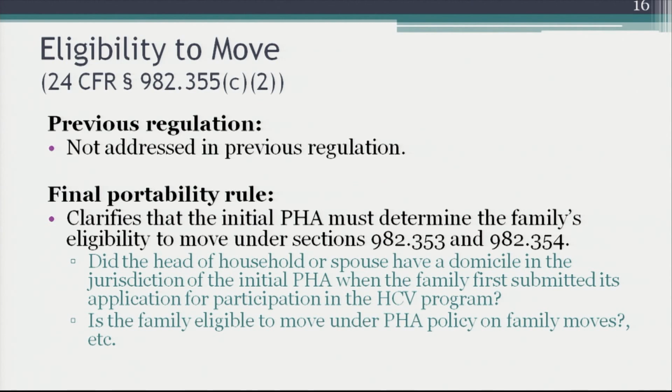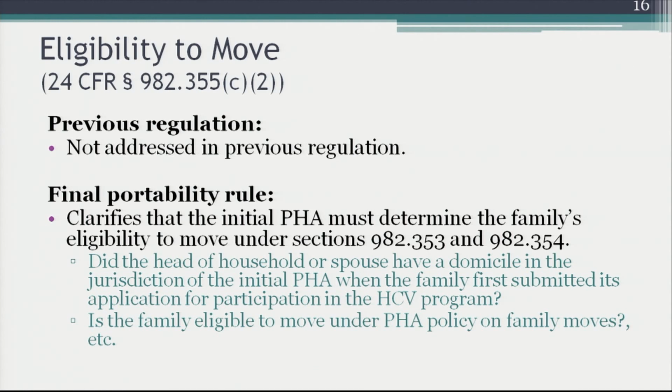Okay, processing family moves. So eligibility to move, this wasn't really addressed in previous regulation, and what the final portability rule is requiring is that it's clarifying that the initial PHA must determine the family's eligibility to move under sections 982.353 and 982.354. And I'm gonna get into why there is a 982.354 later on in this training.